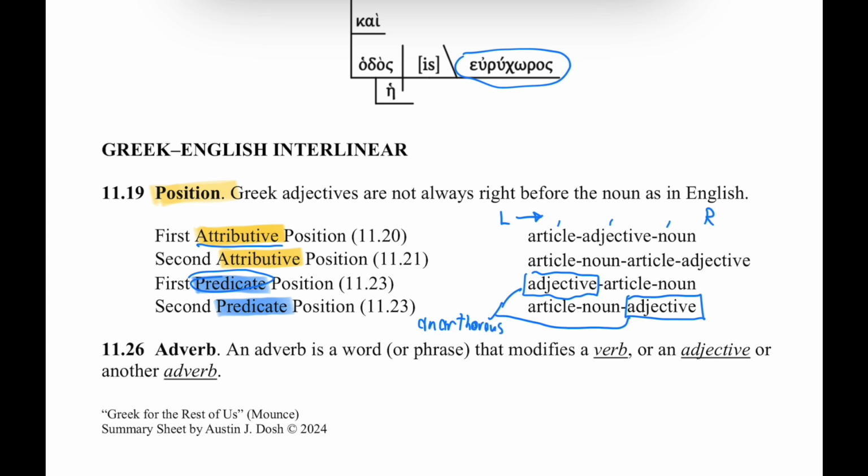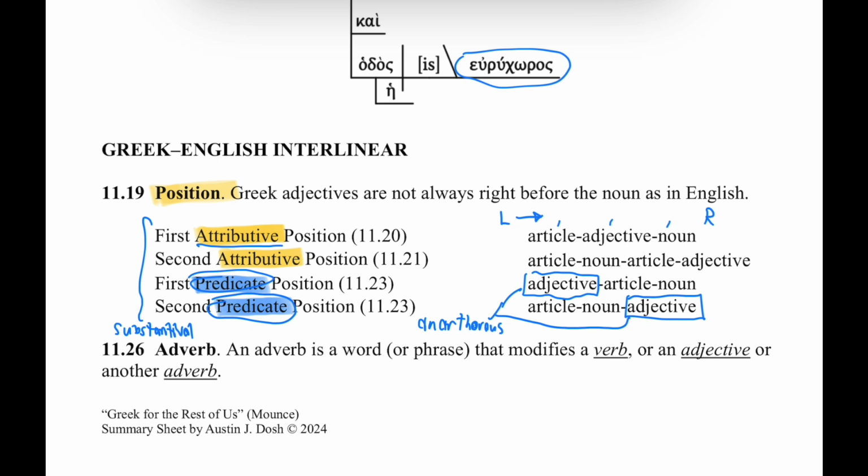So if you have an anarthrous adjective, it could be substantival. Substantival is not listed here. Another option is substantival. But if you have no article, your first thought is predicate. This is telling me something about the noun in a way that I need to supply when I go to translate this.